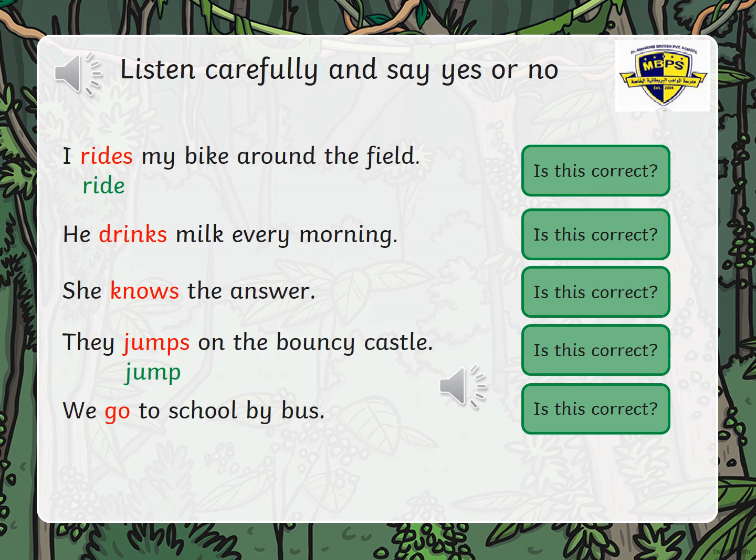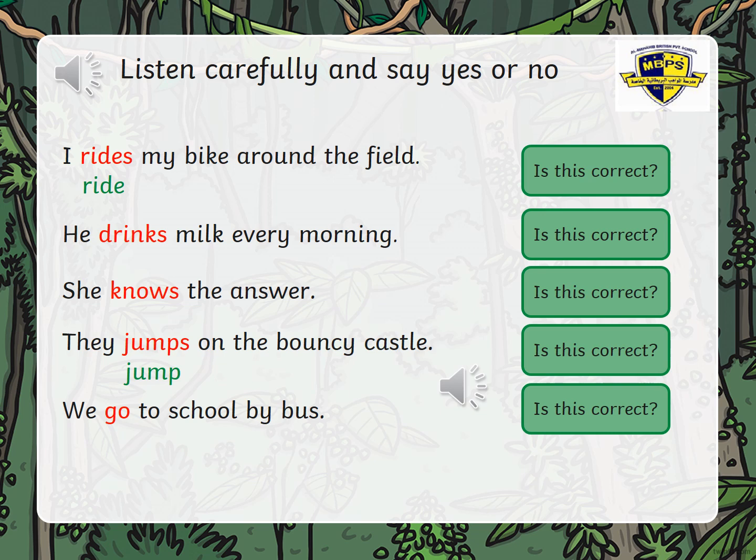Is this correct? Yes or no? She, remember, and the verb is knows. And we said he, she, it. They like the verb with, come on, say it, S. Very good. So this one is correct. Excellent. Clap your hands for yourself. Louder, louder. Very good, KG2.